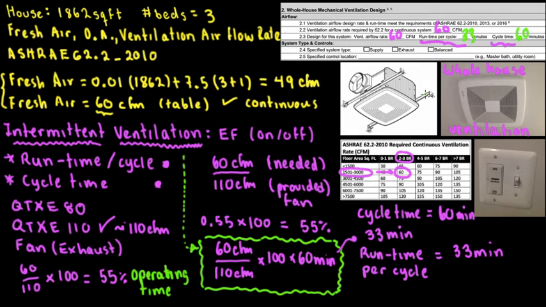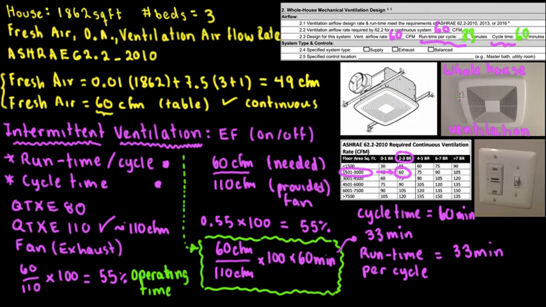number one, how much does this house require in order to comply for fresh air and in order to have a healthy house? They require 60 CFM based on the table of continuous ventilation. The formula gives 49, it's very exact, but 60 CFM is better because we give a buffer. It's safer, worst case scenario.